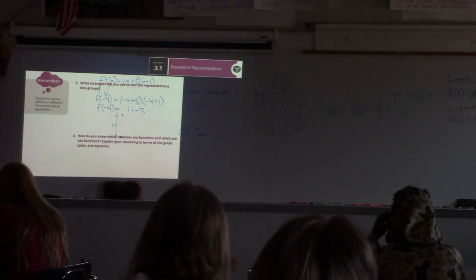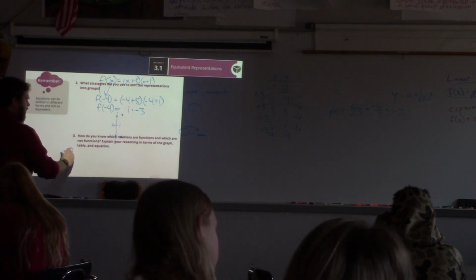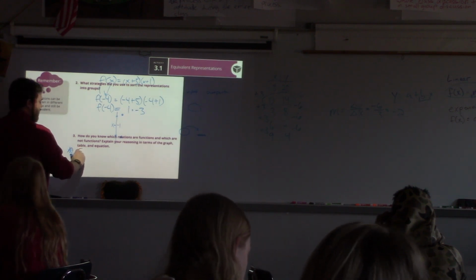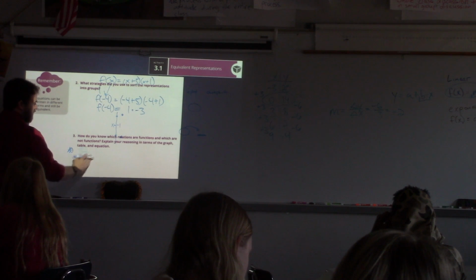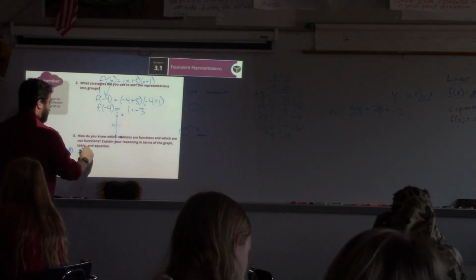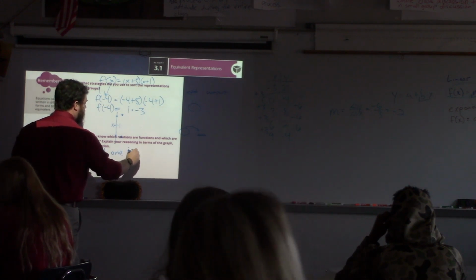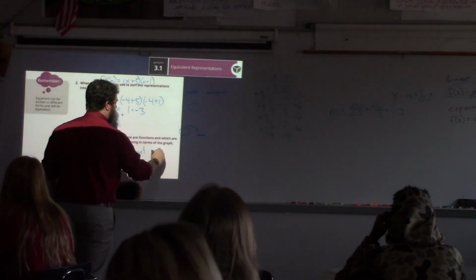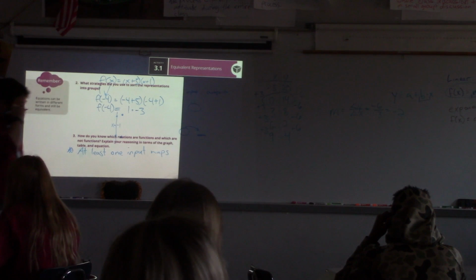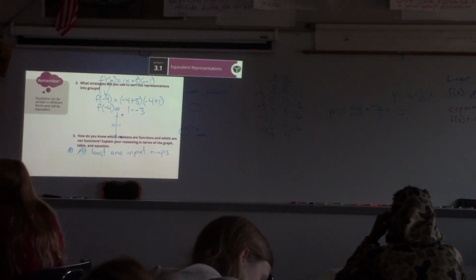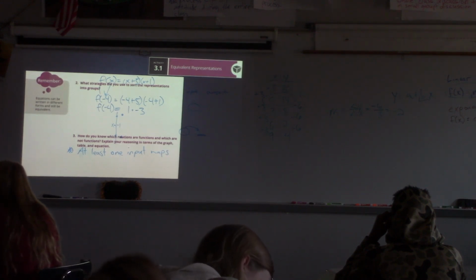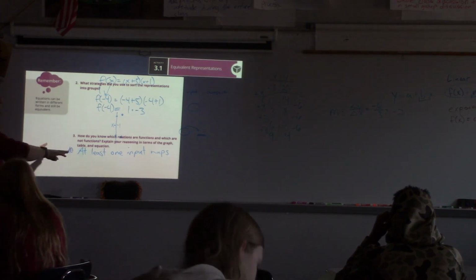So if it is not a function, the definition would be that at least one input maps to what? No, for it to not be a function, it just has to be more than one output, right? And it only has to be one input doing that, right?